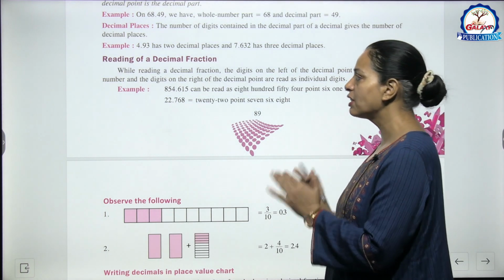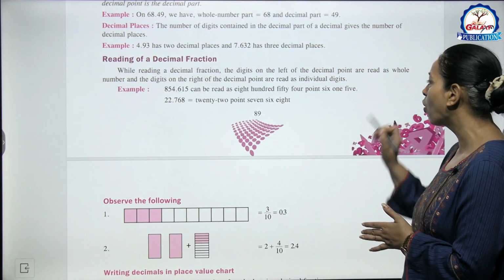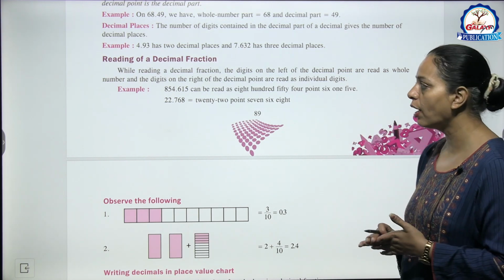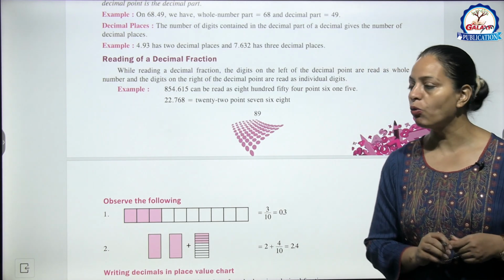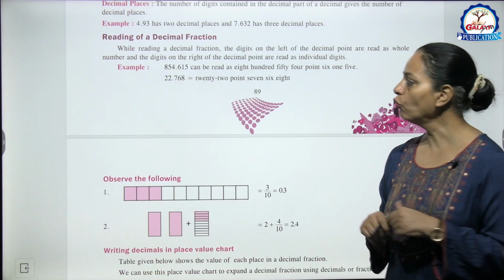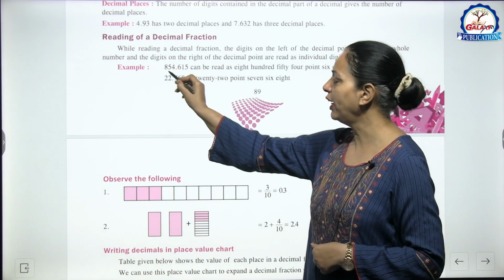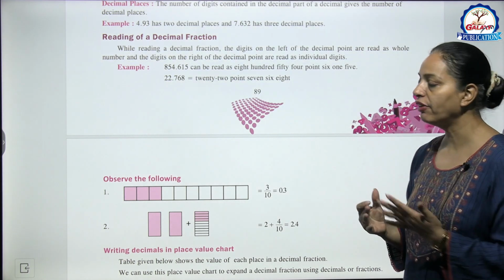While reading a decimal fraction, the digits on the left of the decimal point are read as a whole number and digits on the right of the decimal point are read as individual digits. For example, this number is given, 854.615. So how can we read it?